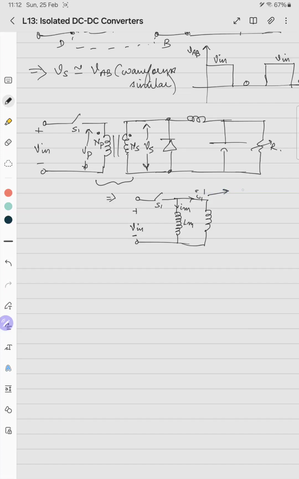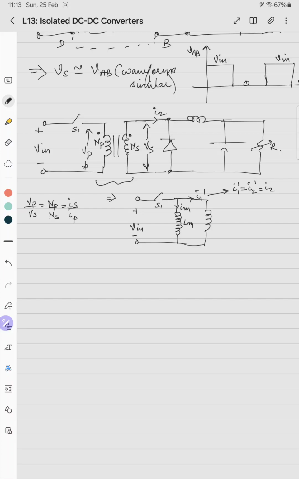The I1 dash component is I2 dash, which is nothing but I2 into Np by Ns, since Vp by Vs is Np by Ns equals Is by Ip.